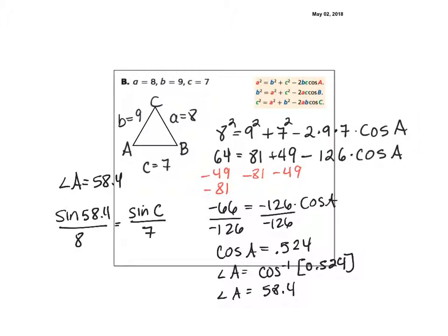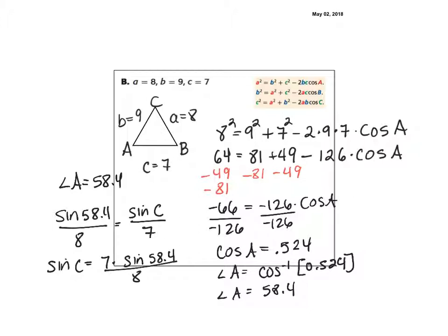Again, I'm going to cross multiply and divide through by 8. And I get the sine of C is equal to 7 times the sine of 58.4 divided by 8. Now I did two steps there like we did in class.